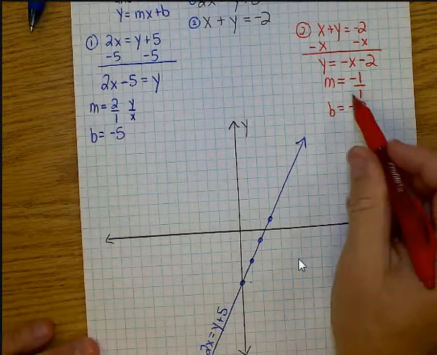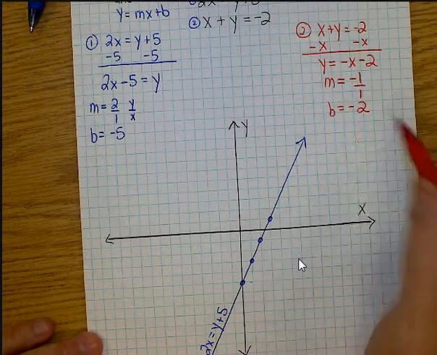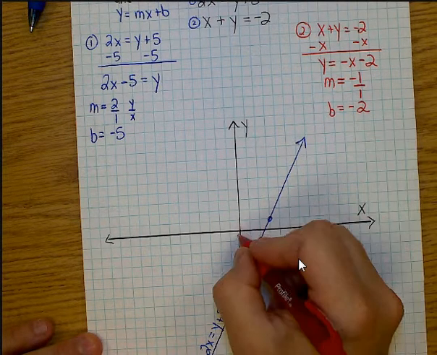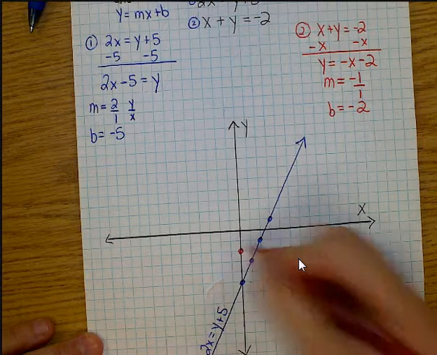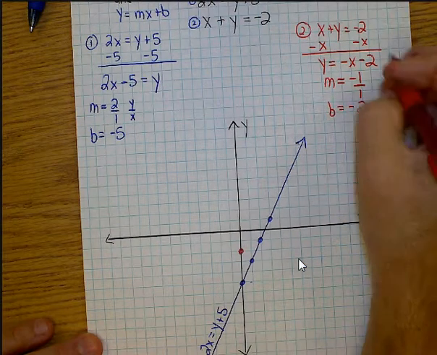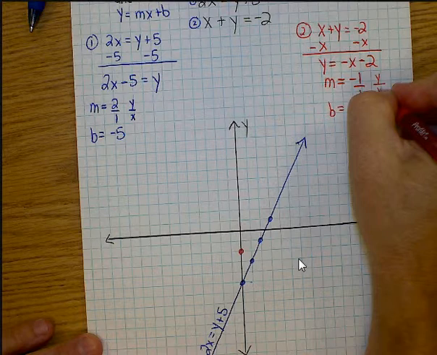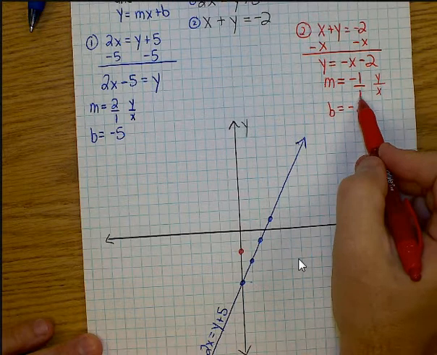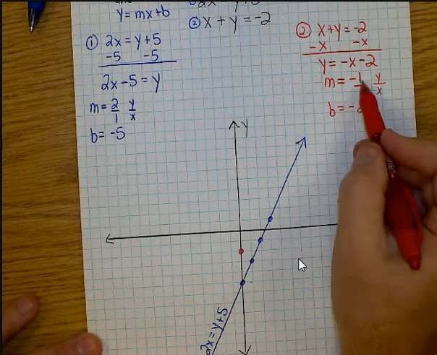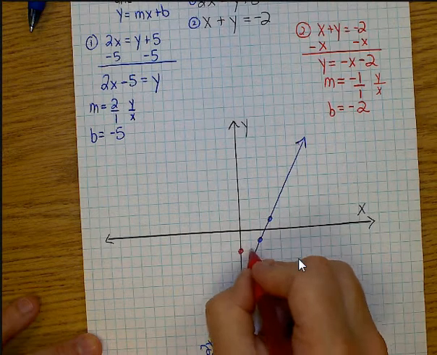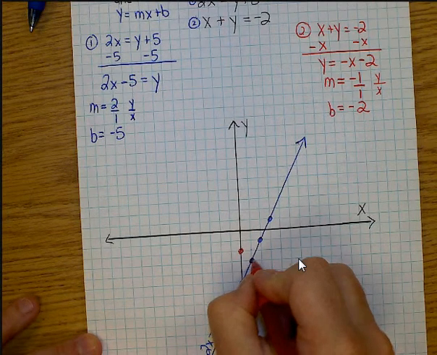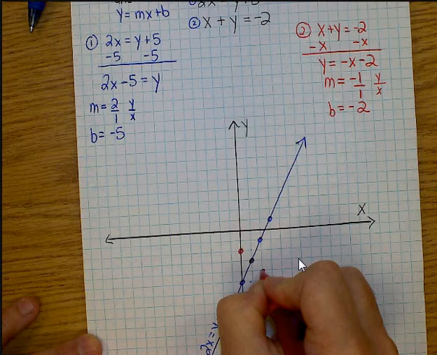The next line, after I solved and did all my stuff, I got my y-intercept of a negative 2. So I go down 2. And there's my dot. And then remember, again, this is my y and this is my x. So from my y-intercept, I'm going to go plus 1 in the x and then minus 1 in the y. Plus 1 in the x, minus 1 in the y. Plus 1 in the x, minus 1 in the y.